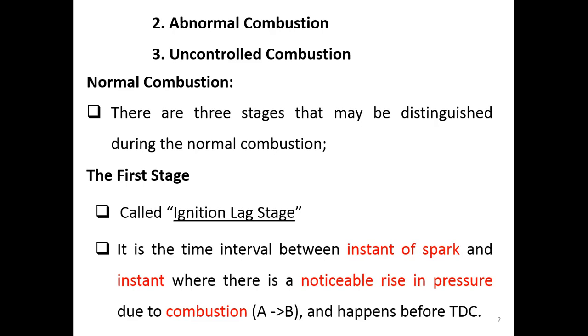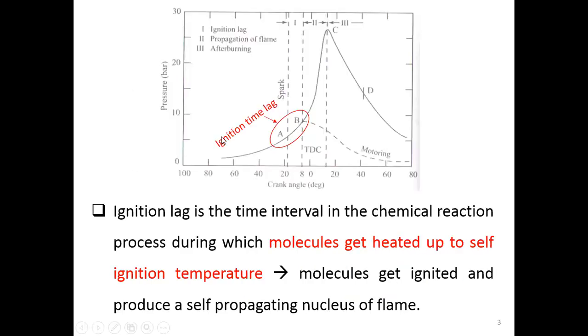And this always happens before the top dead center. This is where it happens. This is the period of time where the ignition lag stage happens, starting from A to B. It finishes at B because we now see that the pressure in the cylinder starts to depart from the pressure due to compression only, which we call the motoring curve.